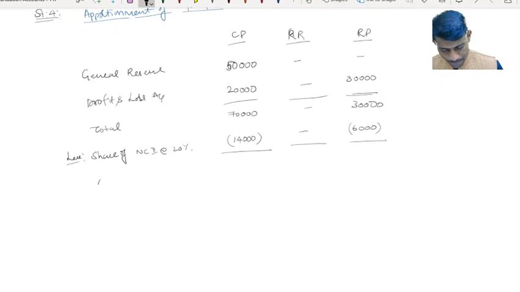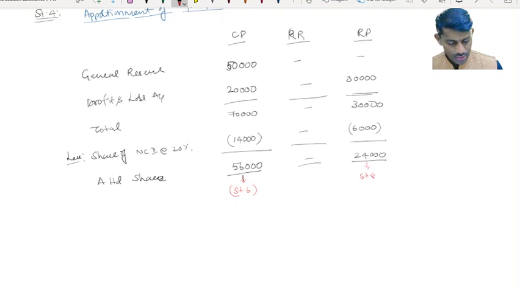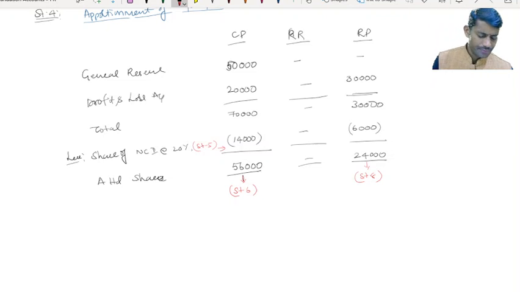Therefore, A Limited's share is 56,000 and 24,000. This 56,000 will go to step number 6, cost of control. This will go to step number 8, reserves for CBS. And this portion will go to step number 5.